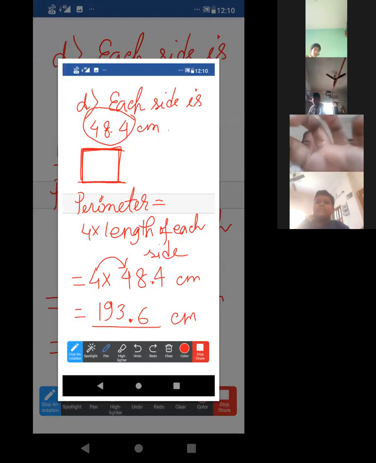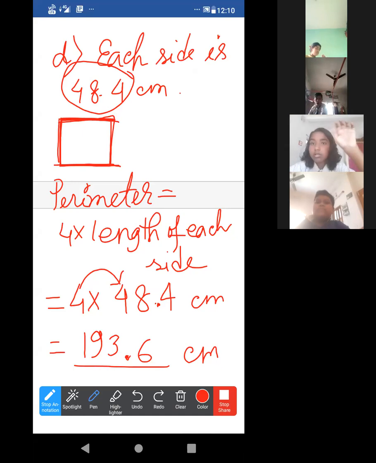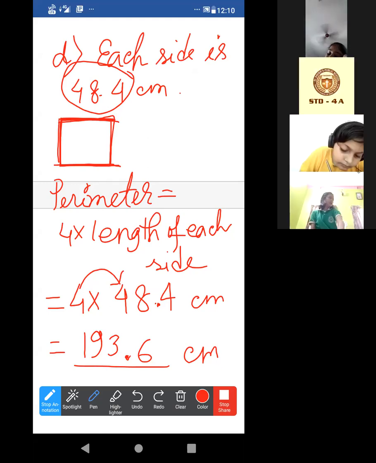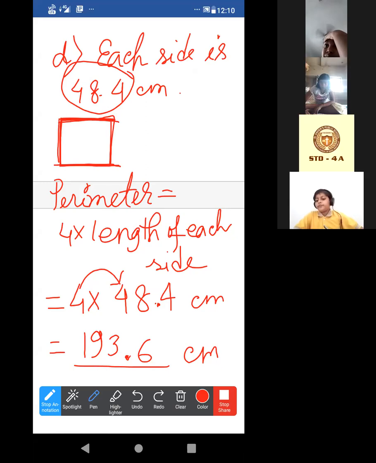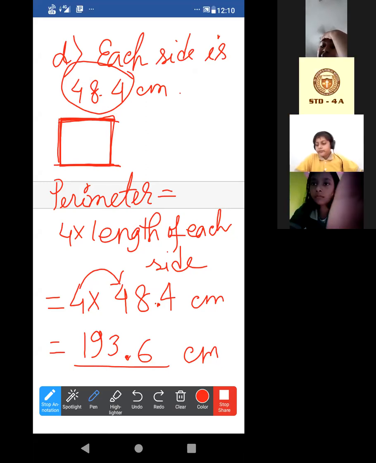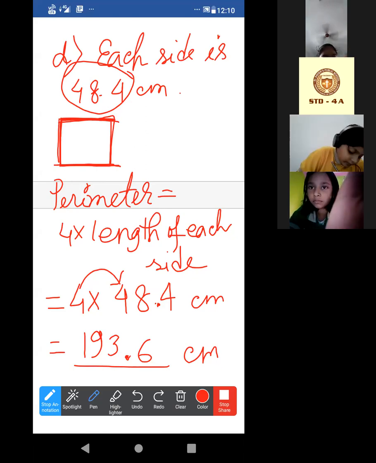Now number E. Paushali, understood though? Anjum, keep your camera on. Now it is okay. Now number E. 175 centimeter. Look, I am doing number E. All of you completed up to this too?